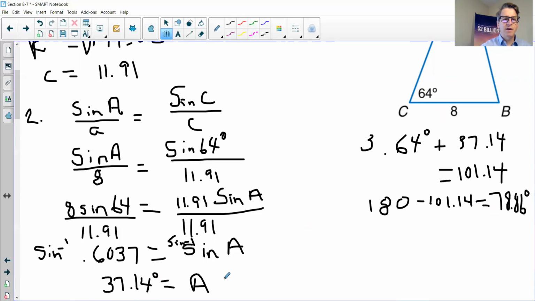So we have angle A is 37.14, angle B is equal to 78.86, angle C was given to us as 64, and we found side c as 11.91.